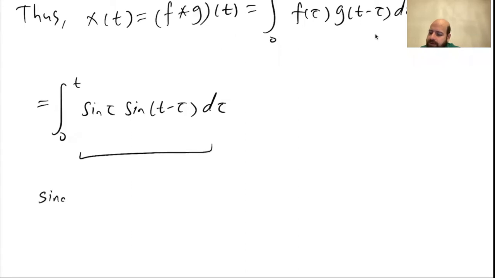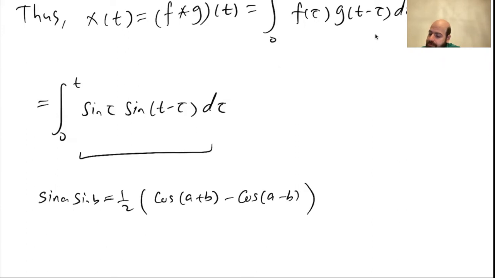Sine A sine B was 1/2 times cos of A minus B minus cos of A plus B. Because cos of A minus B will be cos A cos B plus sine A sine B, and cos of A plus B will be cos A cos B minus sine A sine B.